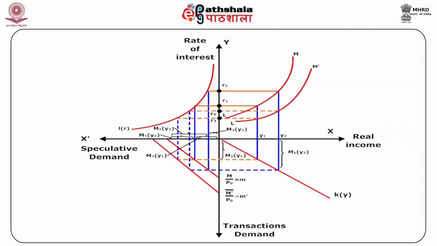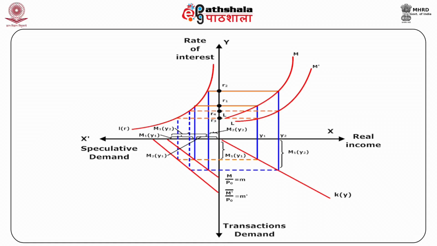So M1 Y2 gives you a larger money demand due to transaction purposes. But because the money supply is the same, and because equilibrium implies that money supply has to be equal to money demand, therefore M1 being larger, M2 has to be smaller. M2 can be smaller only if the rate of interest is higher.